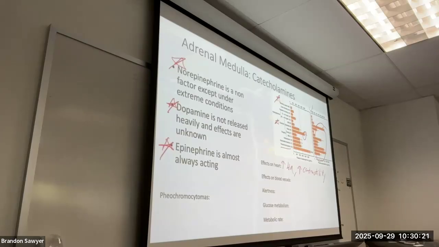This is all based on beta 1 receptors in the heart. In the blood vessels, it's all about alpha 1 receptors. These are all adrenergic receptors, not noradrenergic. And so the effects on blood vessels are going to be vasoconstriction.